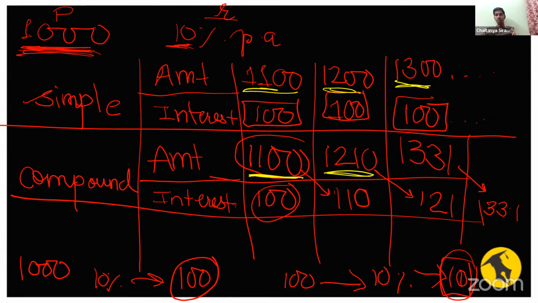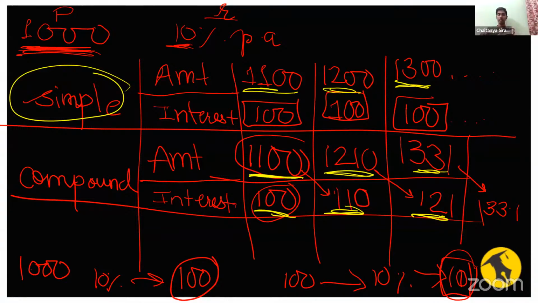The amount as well as the interest for compound will go on increasing rapidly, depending on the interest rate, rapidly or slowly, than the simple interest. All right. So I hope the main difference between simple interest and compound interest is now clear to you.